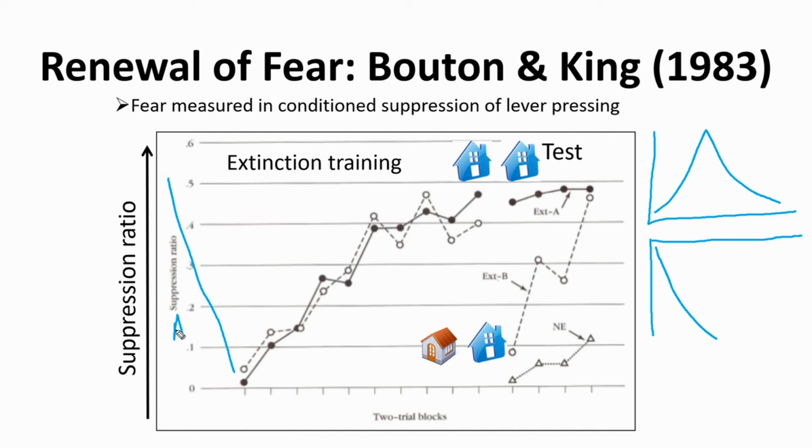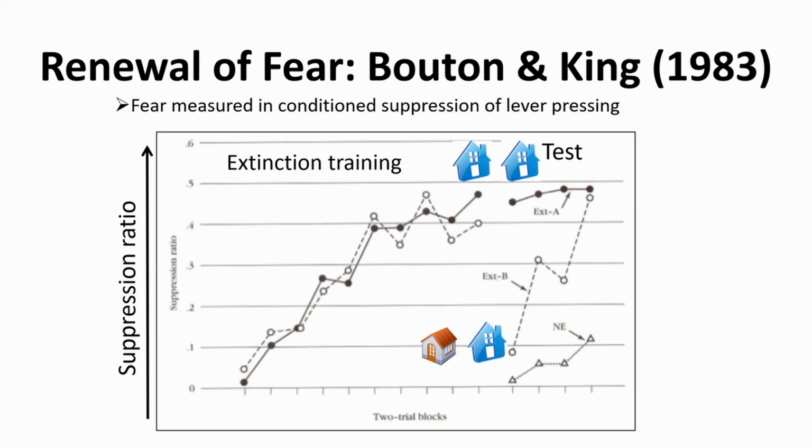That would be our acquisition phase, the most fear responding. Then as we go through extinction, we're getting back up to less and less suppression, or less and less fear. So it's just the opposite of what we've been seeing so far. I find it frustrating that they use graphs that show the opposite direction. We're looking at the inverse for whatever reason. But yeah, so normal extinction graphs here.